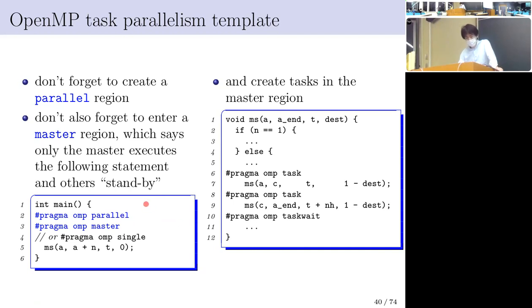Just remember that the default behavior of parallel is that each of these threads does the same thing. But when you use tasks, it is almost always the case that in the beginning you only have a single master thread or a single root task from which all the tasks will be created, right?